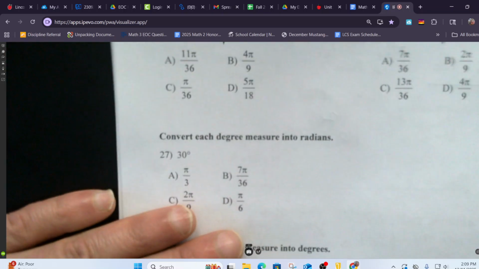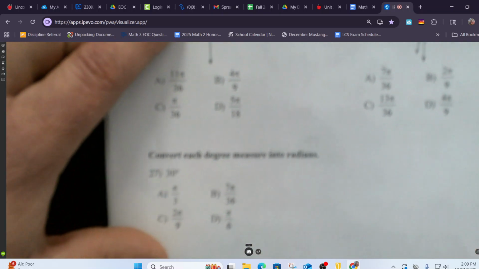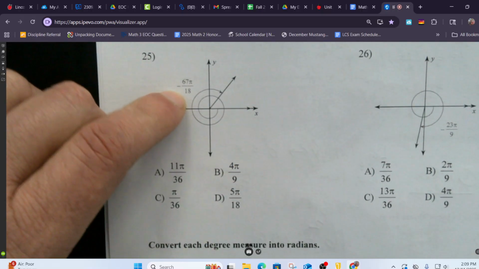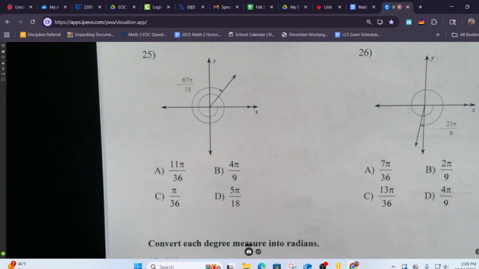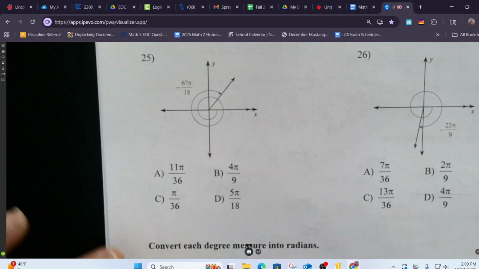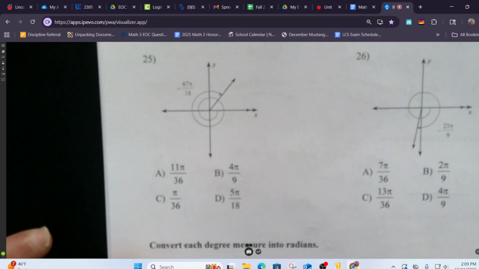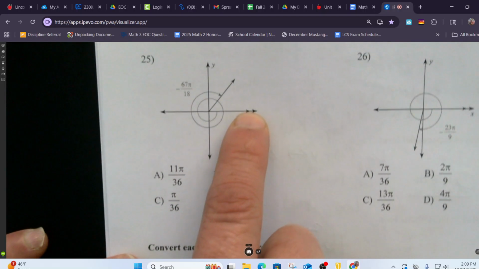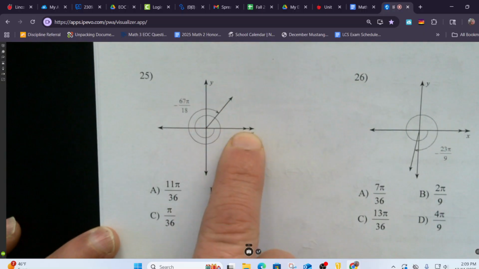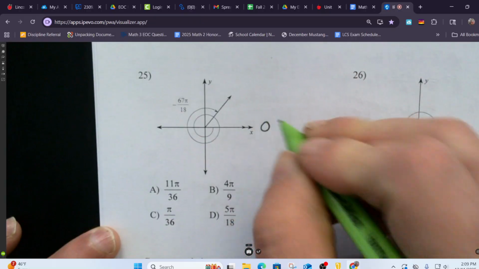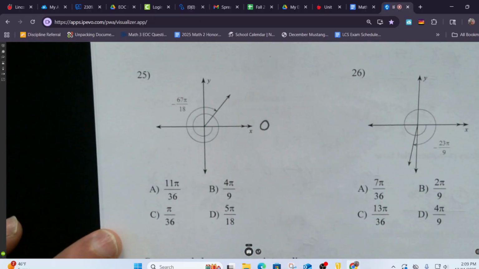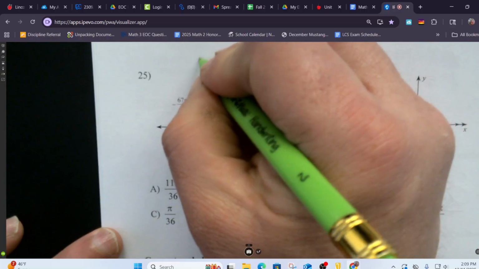All right, looking at 25. Hey guys, think about this for a second. In radians, that's 0, right? This is pi over 2.